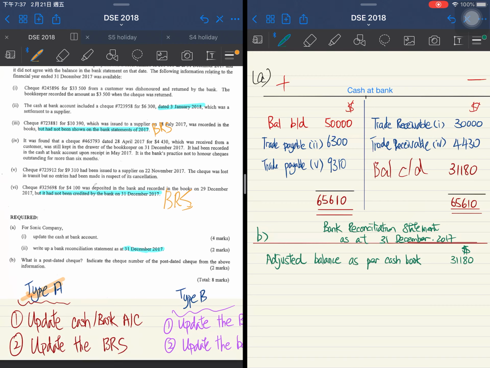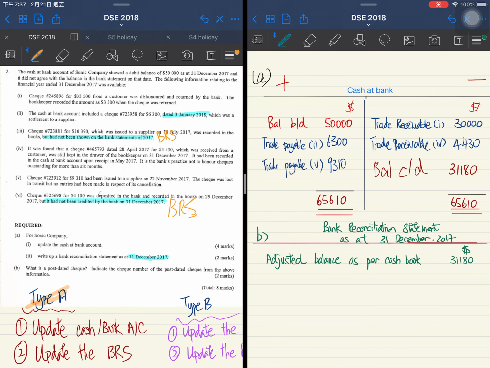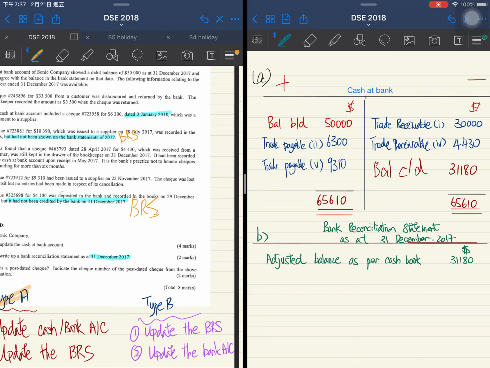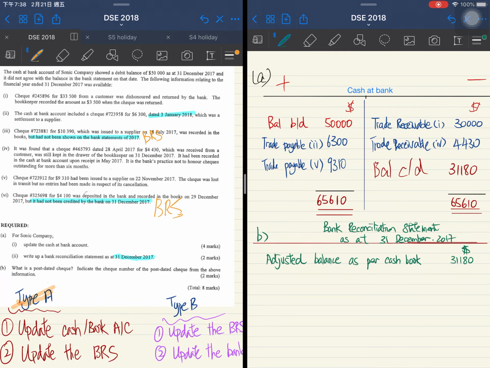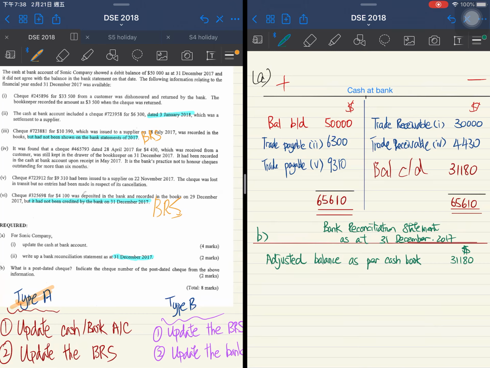And okay, remember the process. If we do type A, we add unpresented check and less uncredited check. For type B, we just reverse it. That is, we add uncredited check and less unpresented check. Okay, so we add unpresented check.